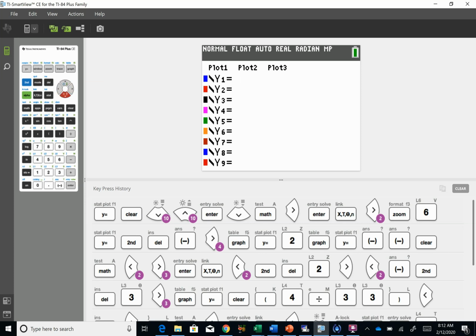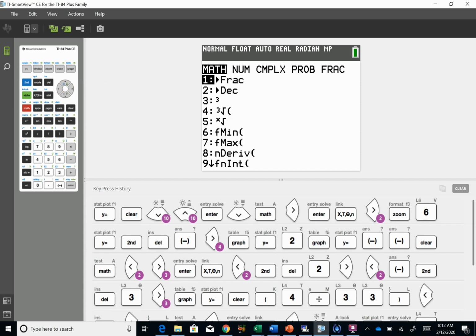Now make sure your cursor is to the right of y1 and the equal sign, just like it is on my screen. We want to graph absolute value of x minus 2. To get the absolute value, we press the math key, arrow over to num, and we want ABS.